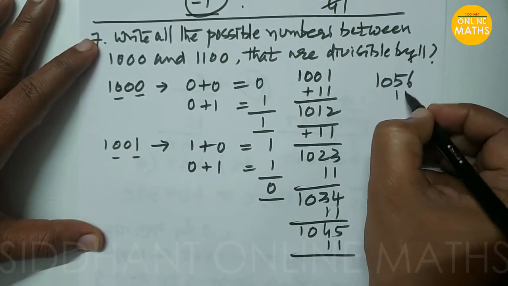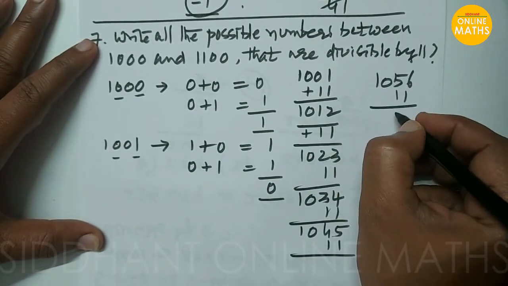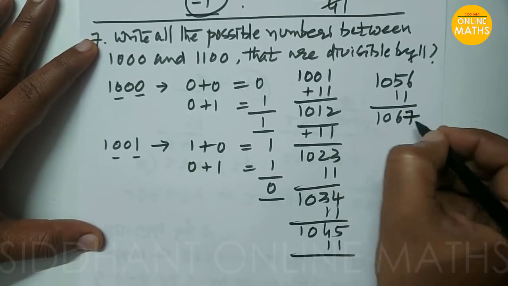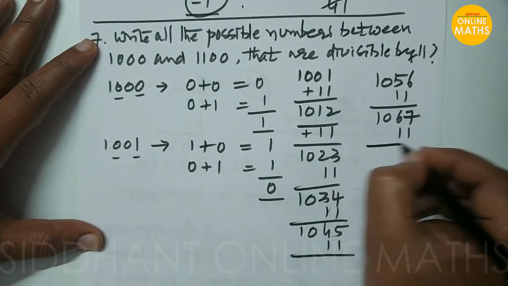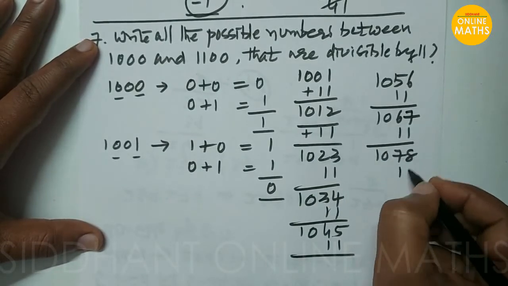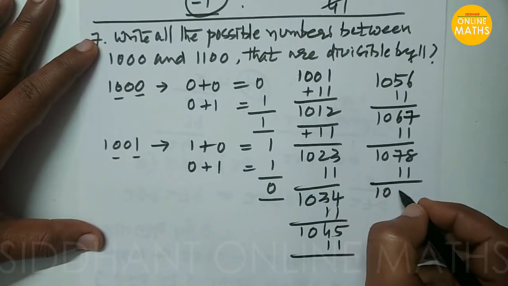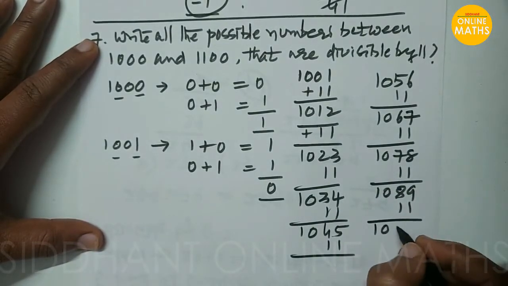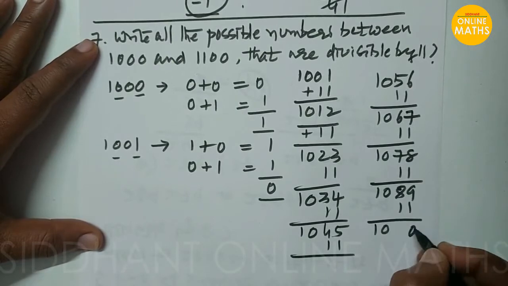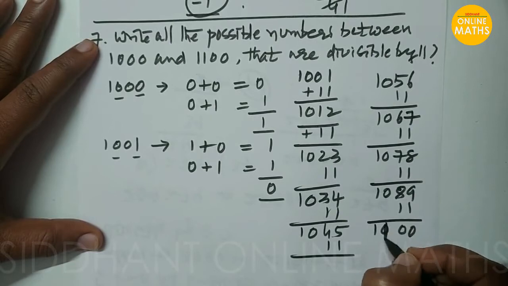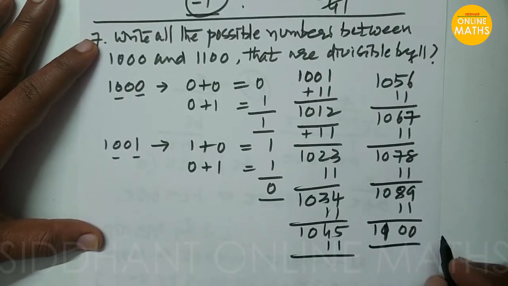To this if you add another 11, 1056. Then 1067, and to this 11, 1078, to this 11, 1089, and to this 11 we get 1100.